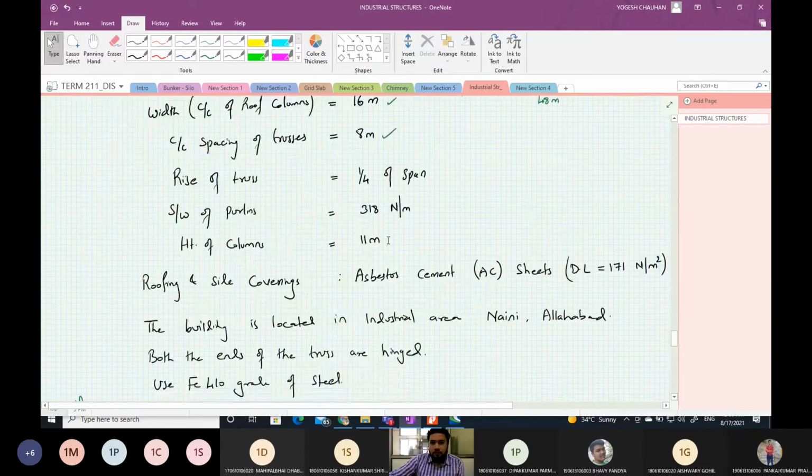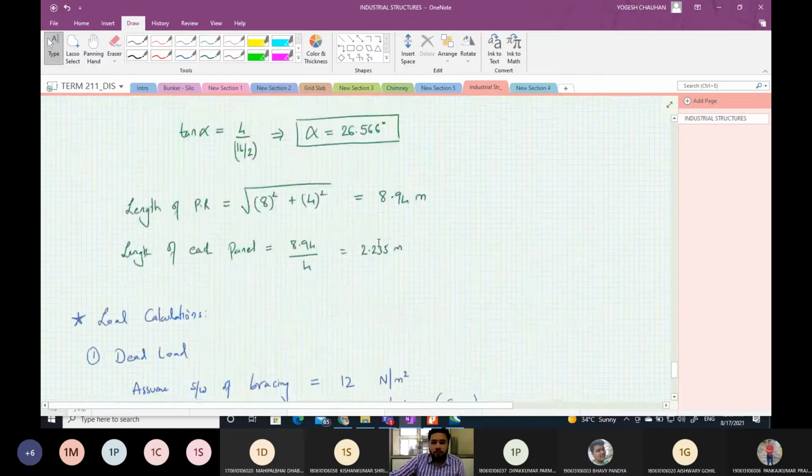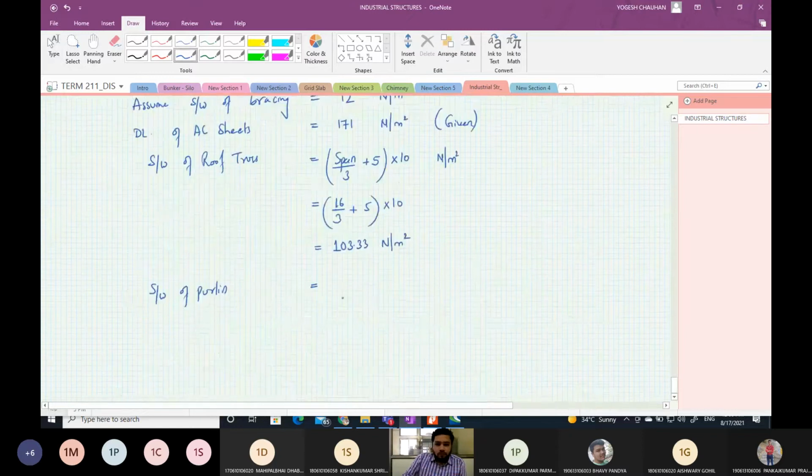Self-weight of the purlin is 318 Newton per meter.